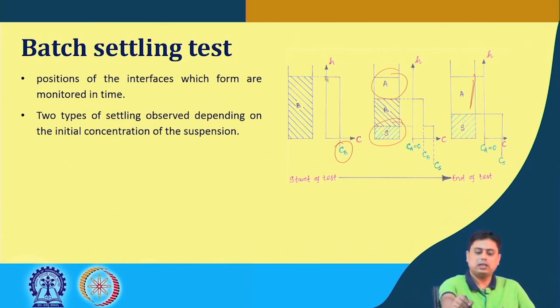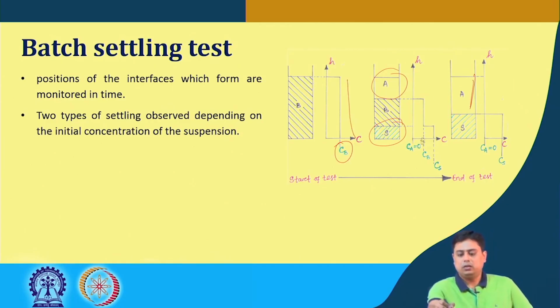Throughout this height we have a concentration Cb. Here this is the height h, and this is the concentration coordinate. So, we would see that for this portion the concentration Ca is basically 0.